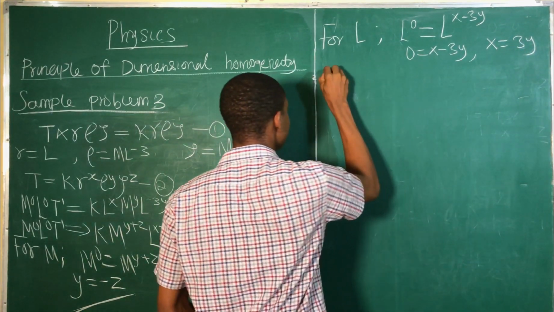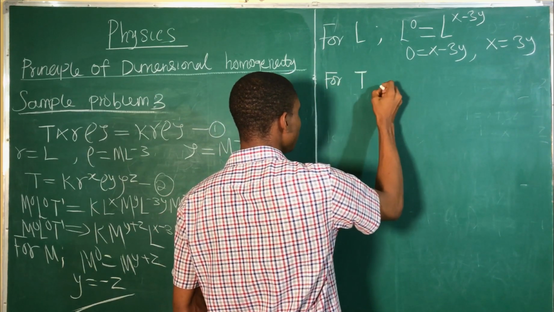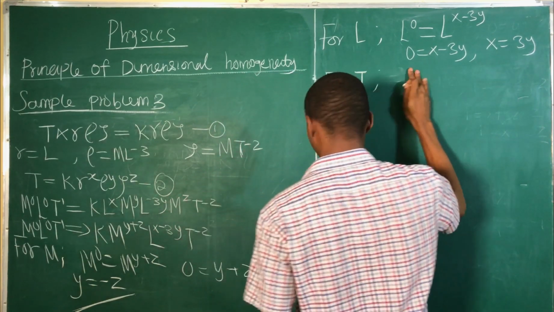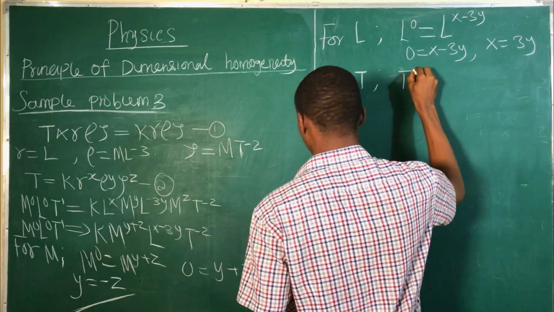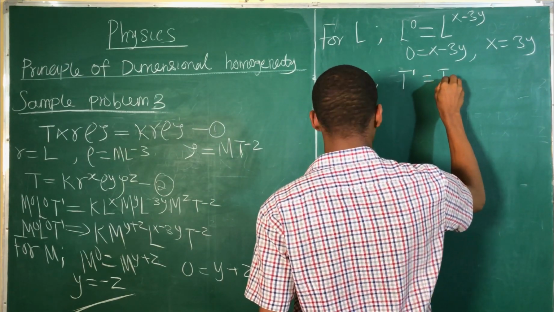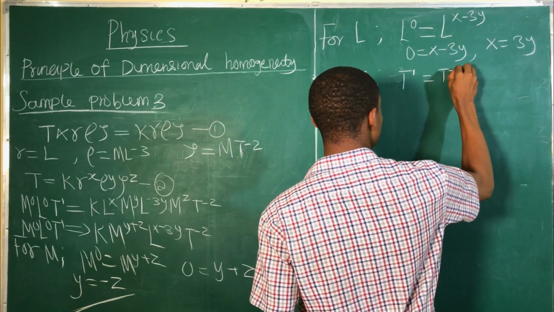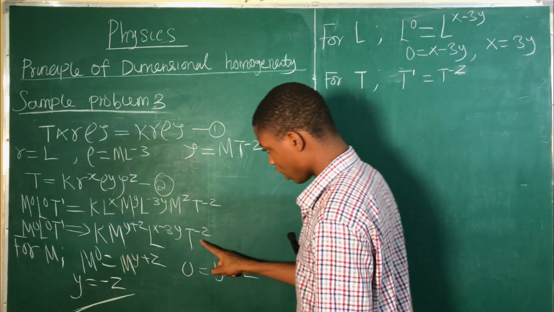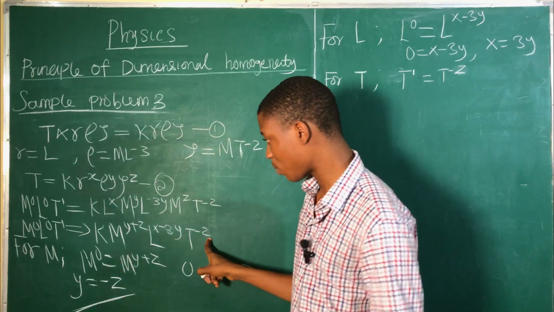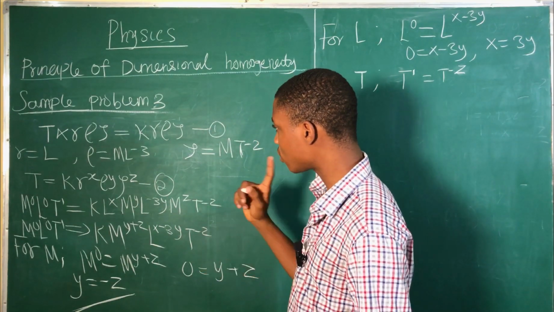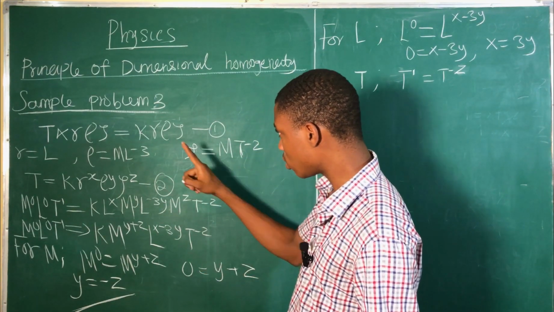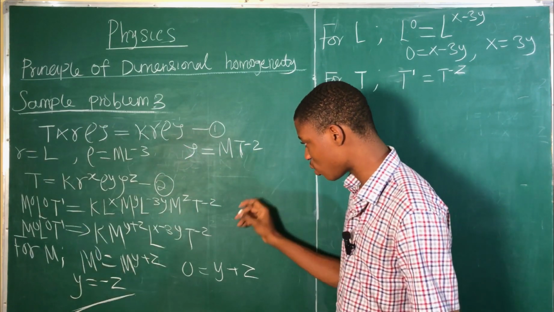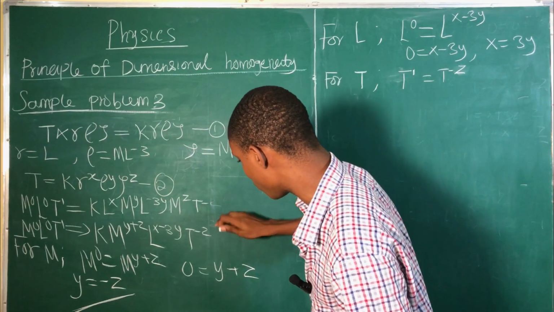So for T, we have T raised to power 1 is equal to T raised to power negative 2 and negative Z. Sorry, this is negative Z, not negative 2. So the concept is easy. Okay, wait. Take note. This is negative 2Z. So please, very important to take note.